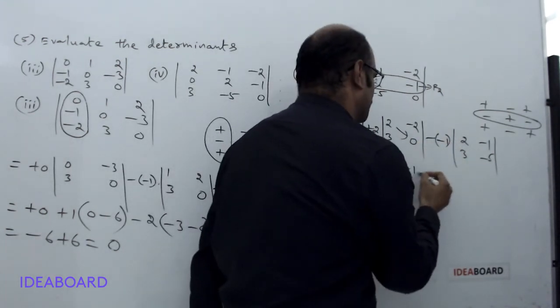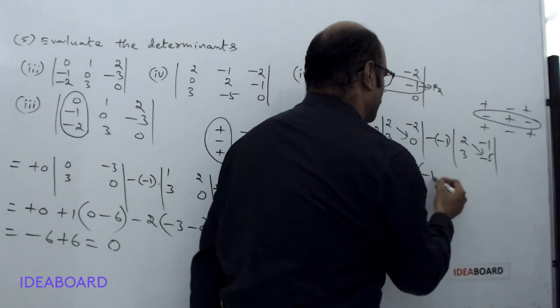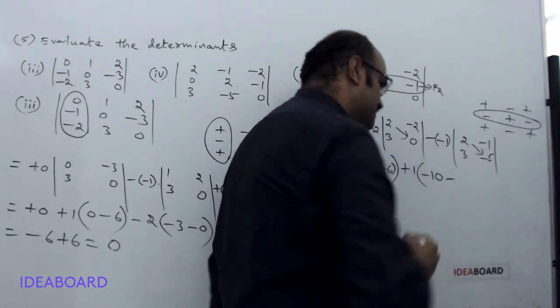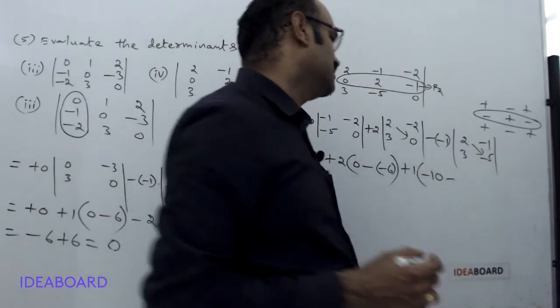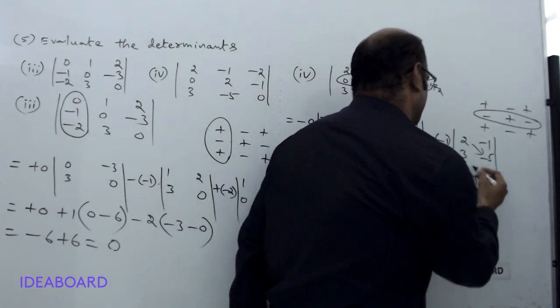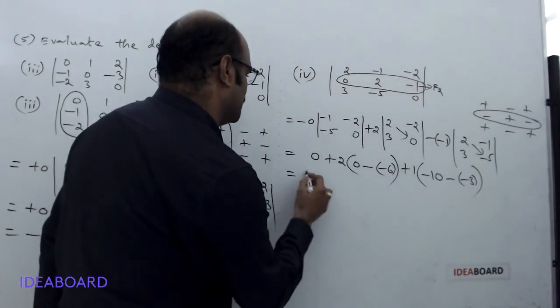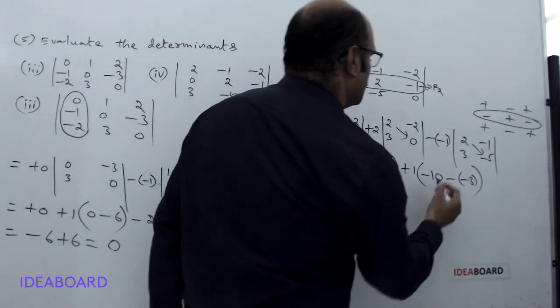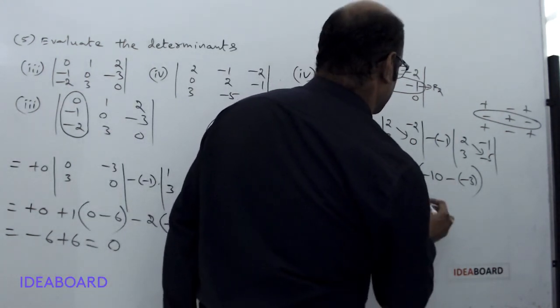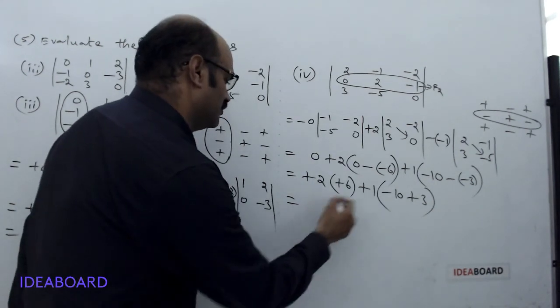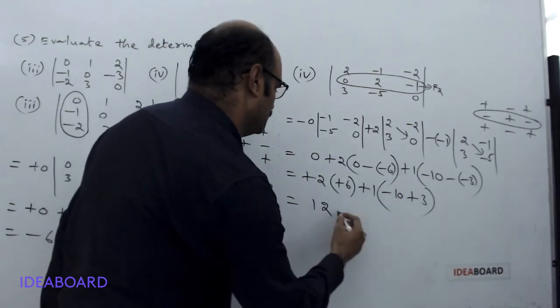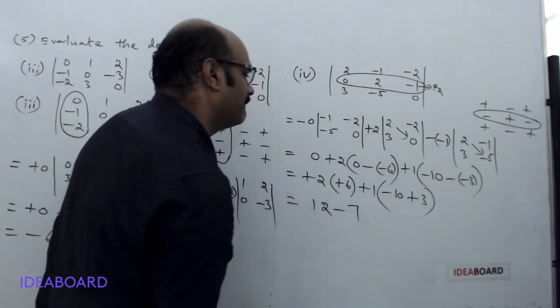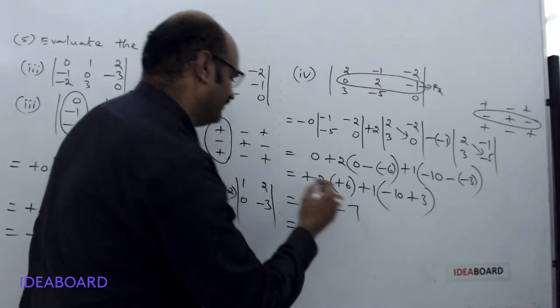Minus into minus, plus 1 into 2 into minus 5 minus 10, minus 3 into minus 1 minus 3. So it is equal to plus 2 into plus 6, plus 1 into minus 10 plus 3. So 2 into 6 is 12, minus 7, equal to 5 is the answer.